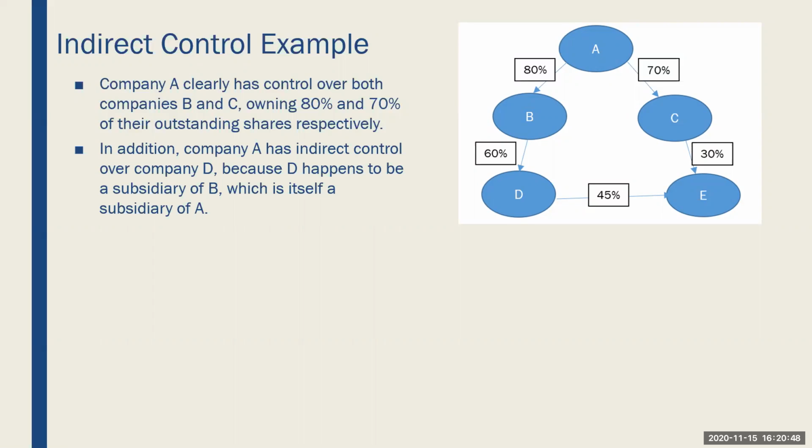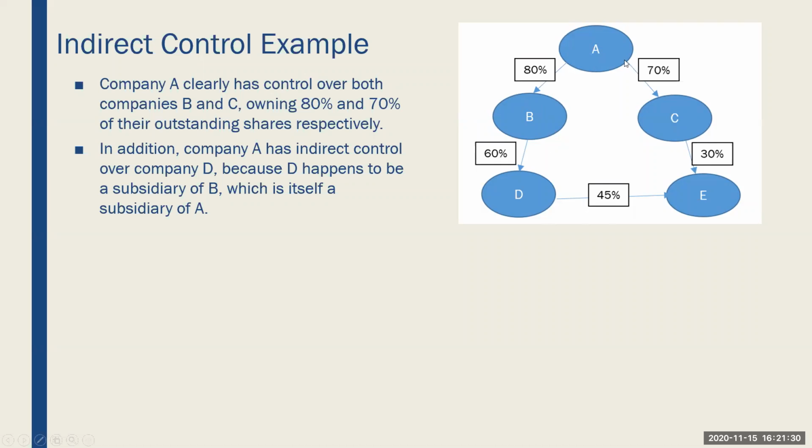What may not be apparent is when you look at company E, company A controls company C. Company C owns 30% of the common shares of company E. So company A can tell company C how to vote as far as its 30% ownership in company E is concerned. Similarly, because company A controls B, B controls D, and D owns 45% of the shares of company E, company A can tell B to tell D how to vote with the 45% of the shares.